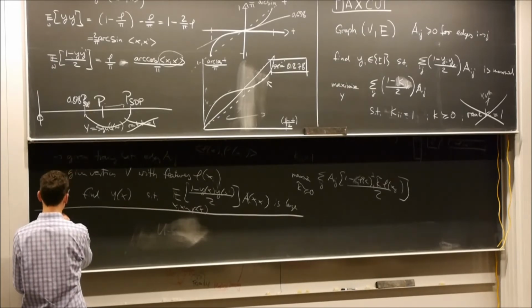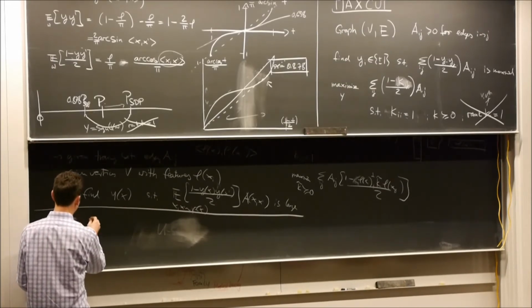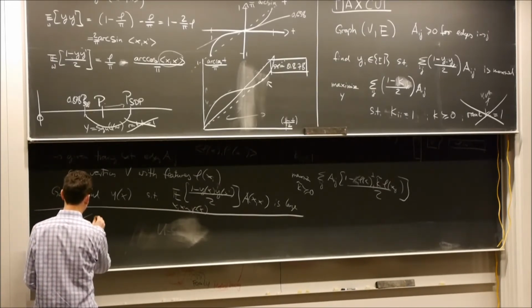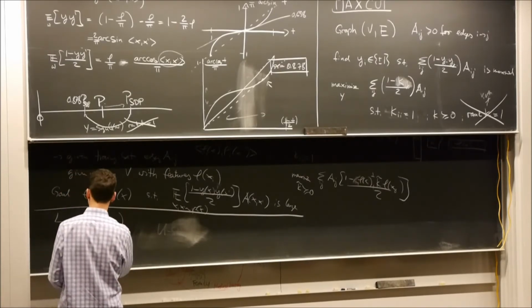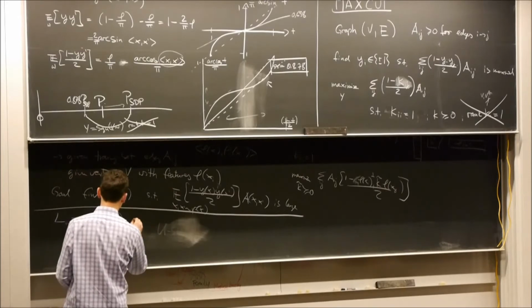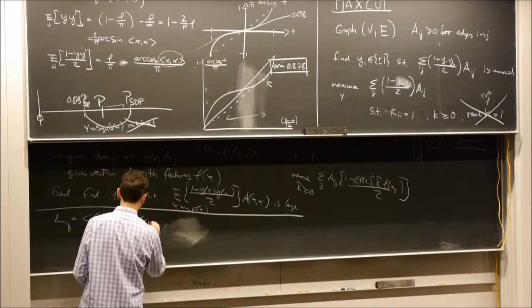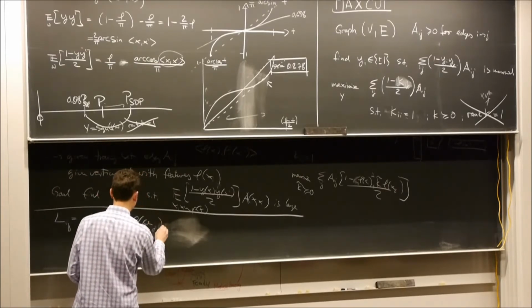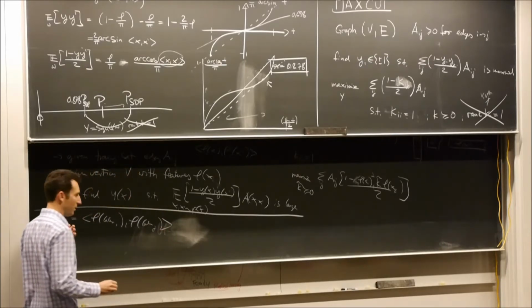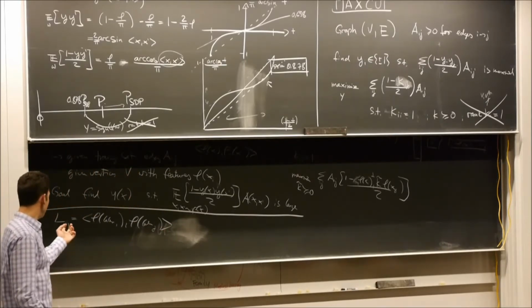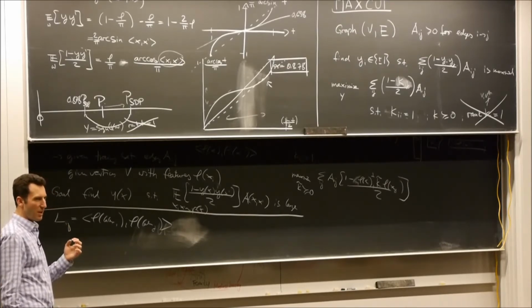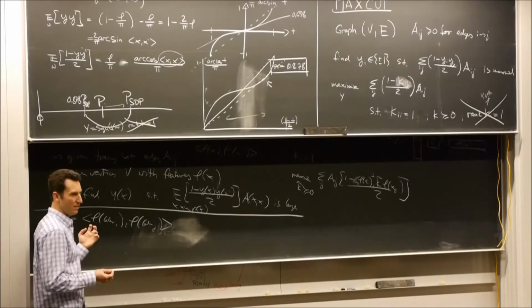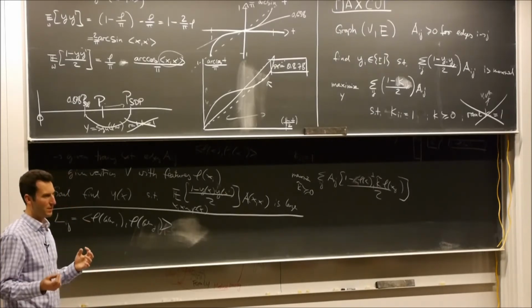Let's call this L. It is phi of label of i, L_ij, inner product with phi of label of j. Okay. Now, given this inner product matrix between labels, I might want to find some matrix K that is dependent on L.